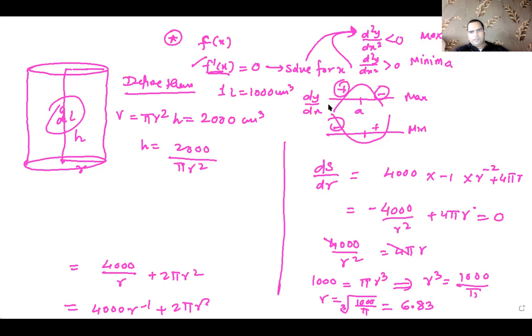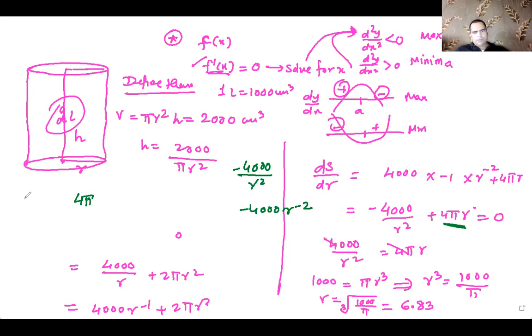So in the verification part, you're going to do the derivative of this part. So the derivative of negative 4000 over r squared plus 4 pi r. So the derivative of 4 pi r will be 4 pi itself. And when you differentiate negative 4000 over r squared, take it up as negative 4000 r to the power -2.